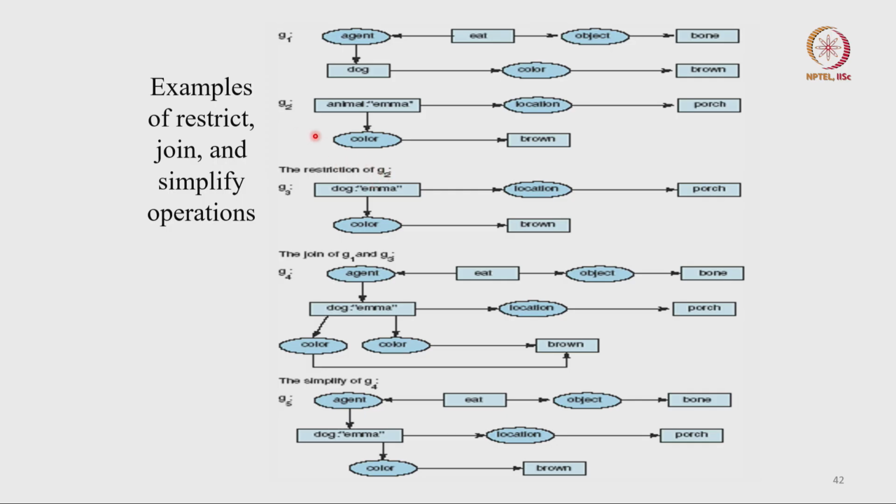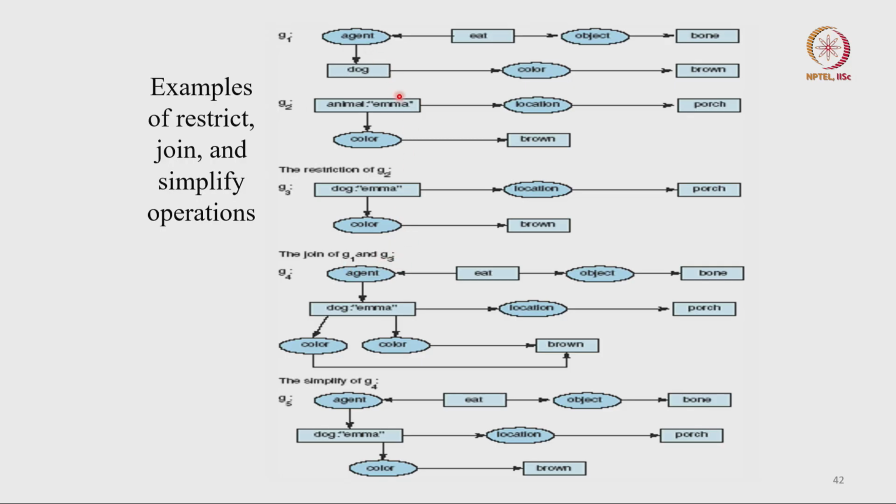So, if you take G2, the color is brown, location is the porch, and the dog is Emma. So, the animal has been changed into a dog. So, that is restriction. And how do you join G1 and G3?